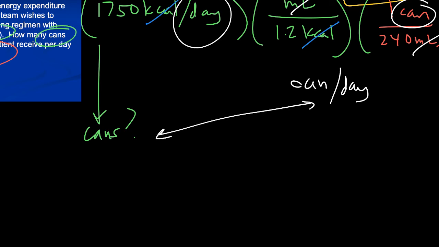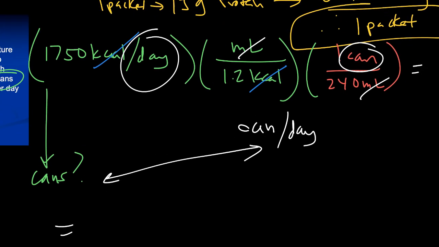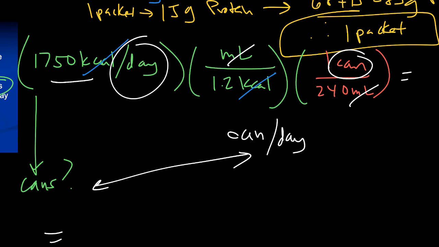Ta-da, it matches. So if you do 1750 divided by 1.2 divided by 240, you get 6.1 cans per day, which is equivalent to 6 cans per day.